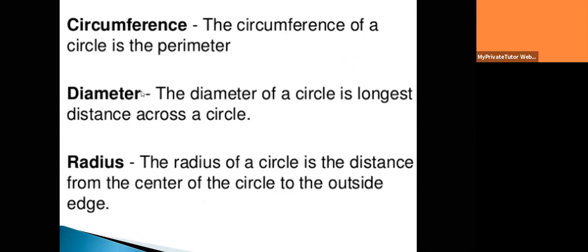And let's learn the other basics of a circle, which is the relationship between the radius and the diameter. So let me share the whiteboard. As you know, this is a circle and this is the diameter. It passes through the midpoint, which means it has two radii. This is one radius and this is another radius.